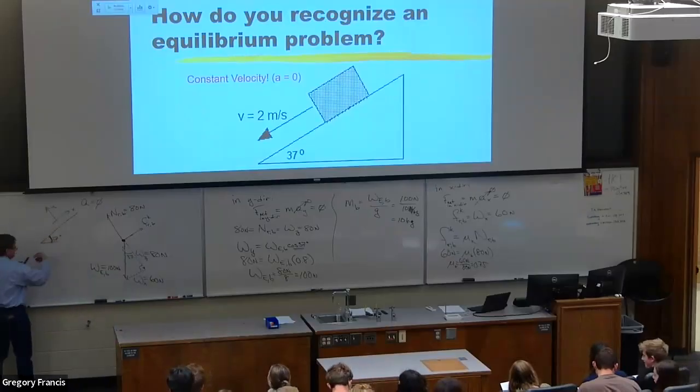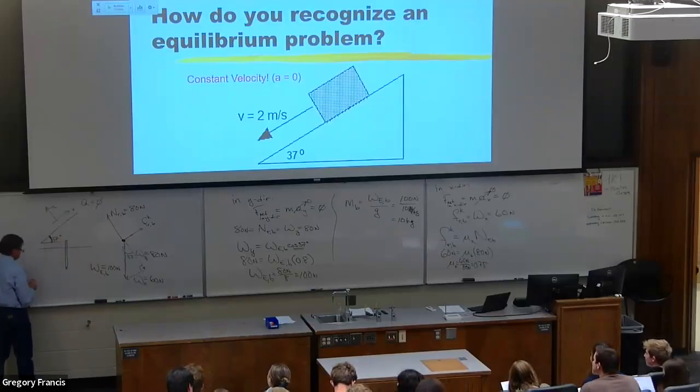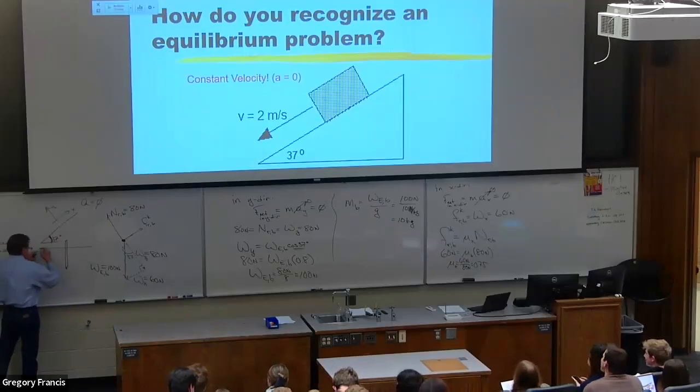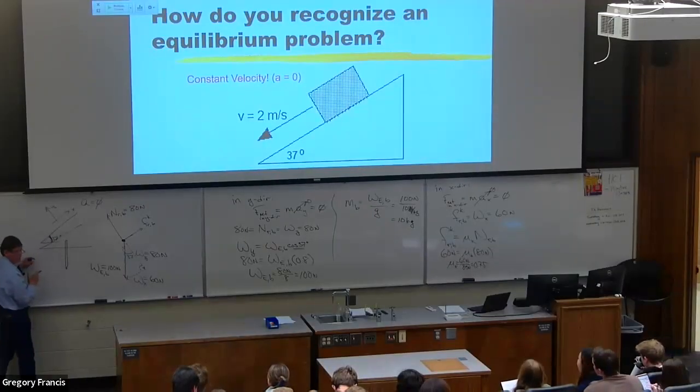If you let this hill go flat and you have a spike, this will be horizontal and this will be vertical. But if I move this board up 37 degrees from horizontal, this spike is forced to move 37 degrees away from vertical.